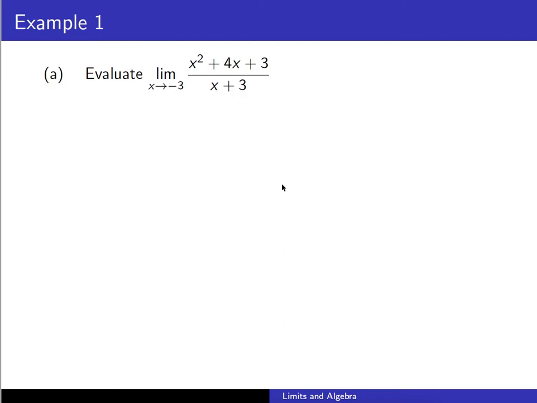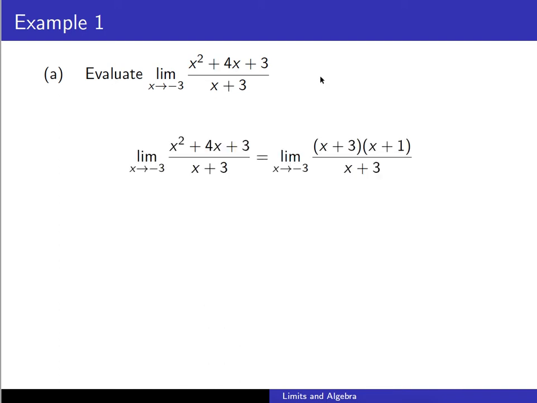So example 1, evaluate the limit as x approaches negative 3 of x squared plus 4x plus 3 over x plus 3. If we evaluate this by plugging in negative 3 directly, we're going to get a 0 in the denominator, which is no good. However, the numerator, x squared plus 4x plus 3, factors as x plus 3 times x plus 1. So we have the limit as x approaches negative 3 of x plus 3 times x plus 1 over x plus 3.